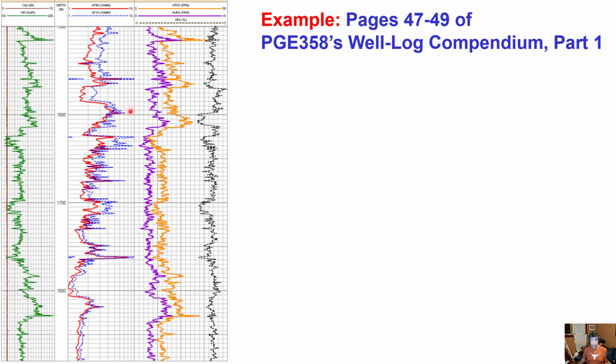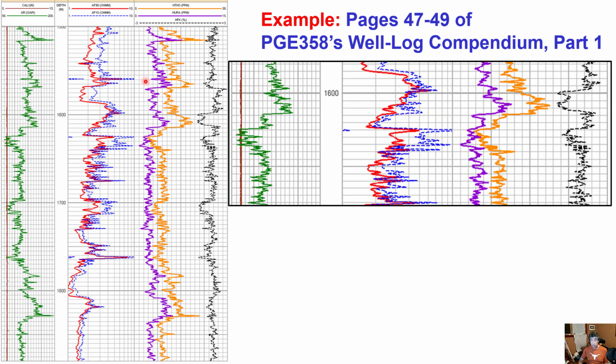But now, let's look at the spectral gamma ray logs. What happens here? Here's a very interesting enlarged view of the same problem. Under normal situations, you would expect that when the gamma ray log decreases, resistivity increases because these sections are hydrocarbon saturated, and you would expect that the thorium, uranium, and potassium logs will tend to do approximately the same.